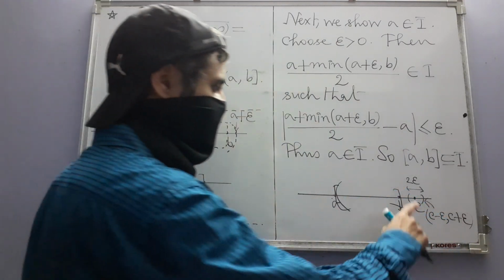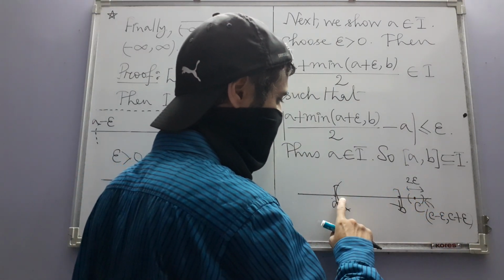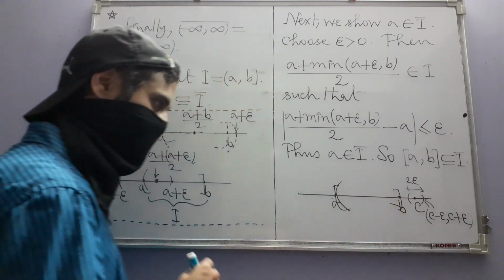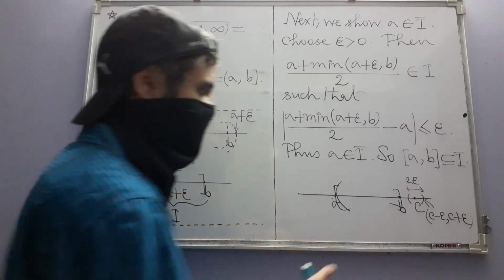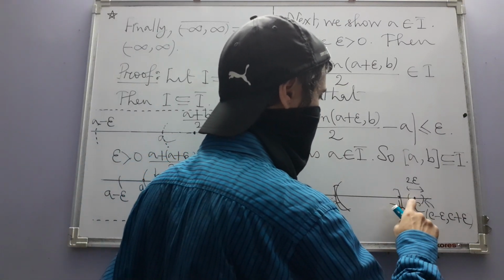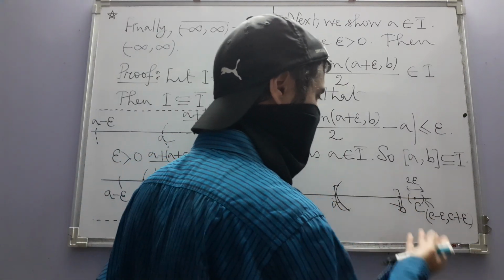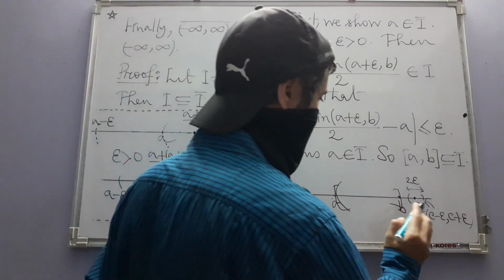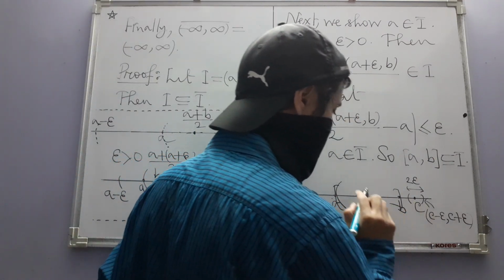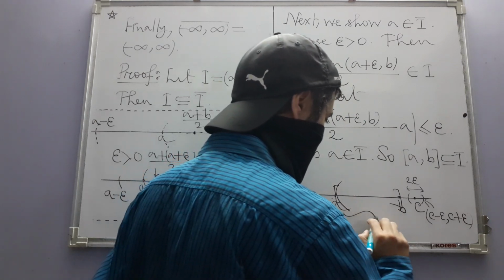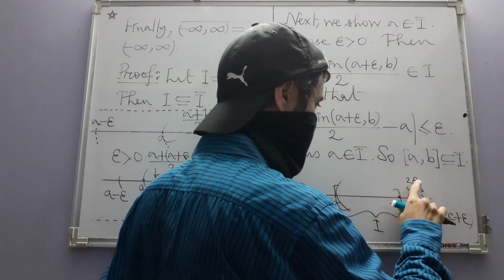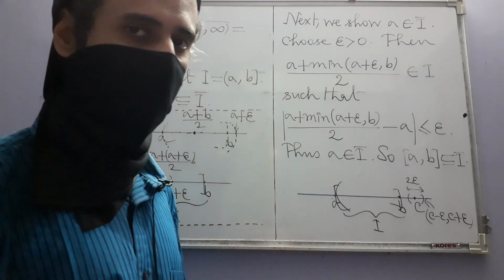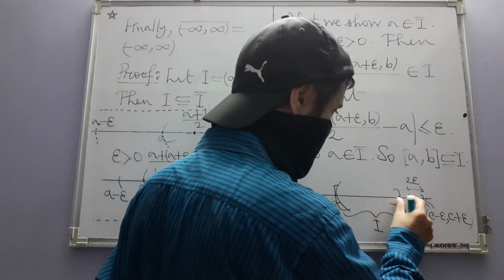Then you won't be able to find any point from I that is epsilon close to C, because in order to be epsilon close to C, that point has to be here. But that is not possible because of this disjointness. So in trying to show that C is not an adherent point of our I, you should choose epsilon small enough. But how small? That you can see from this figure itself.